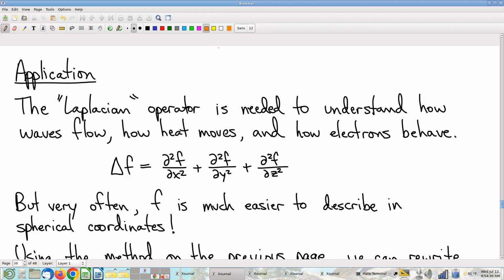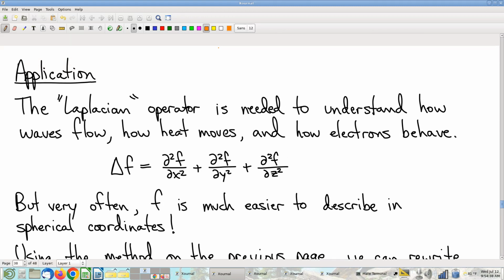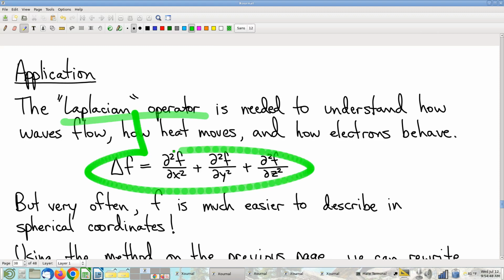Okay. Now I want to show you all a quick application of this. I think this is a really good one. I'm going to have to make some references to stuff that we haven't really spent much time with. The very first reference that I'm going to have to ask you to take on faith is that this thing called the Laplacian operator is extremely important.